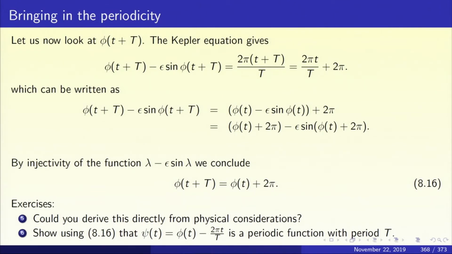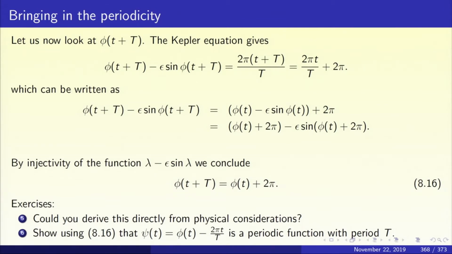So now let us look at phi of t plus T. What happens when little t becomes little t plus capital T? The Kepler equation gives you phi of t plus T minus epsilon sine phi of t plus T equal to 2 pi times (t plus T) upon T, which is 2 pi t by T plus 2 pi, which can be rewritten as phi t minus epsilon sine phi t plus 2 pi.